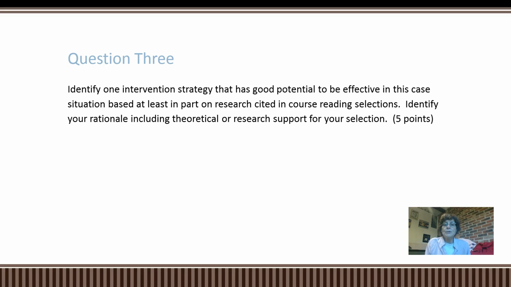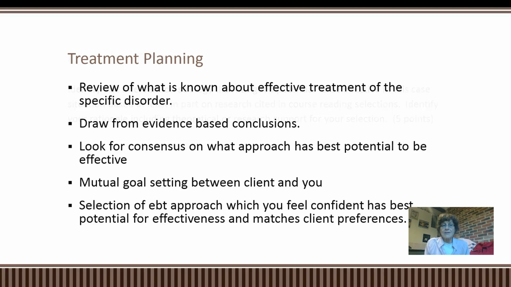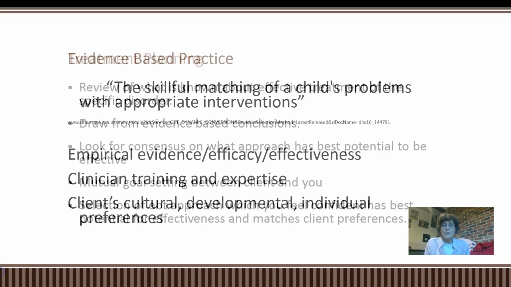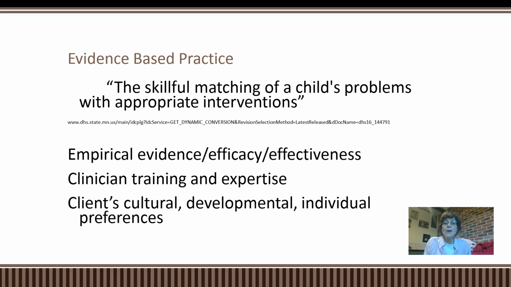You need to have some research that backs up your selection of this approach, and you need to also identify your rationale in terms of the evidence-based approach, which I'm going to skip here to what do we say is an evidence-based approach. We talked about, I presented that in, I believe, session 2 as well.